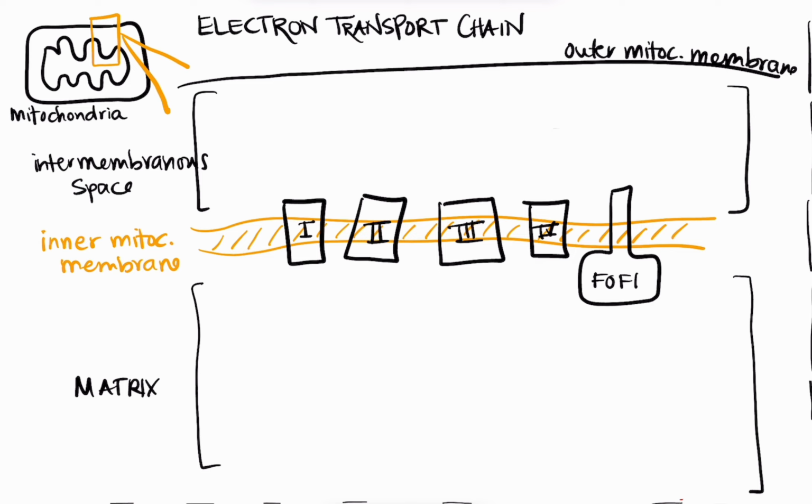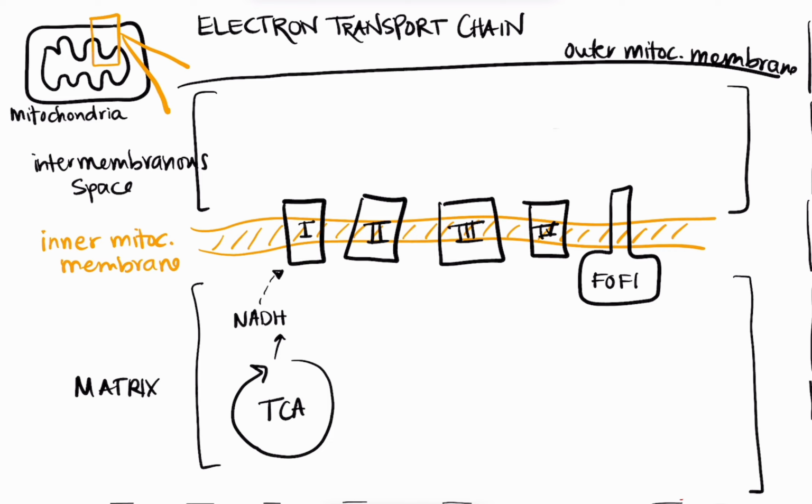So within this matrix is the TCA cycle, raring away, taking acetyl-CoA, joining with oxaloacetate, and producing electron carriers such as NADH. NADH is then free to float right up here to complex 1. The job of NAD is to carry electrons from one place to the other.